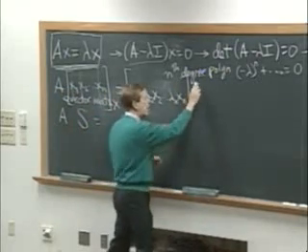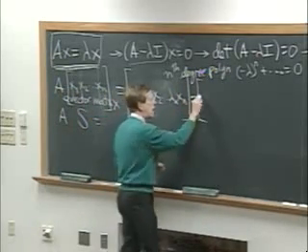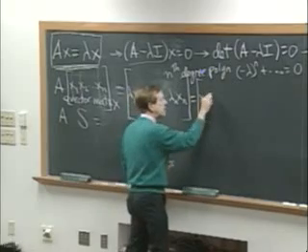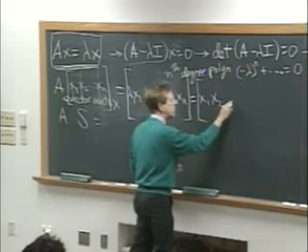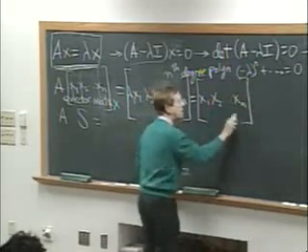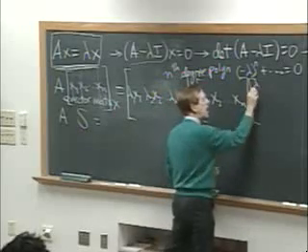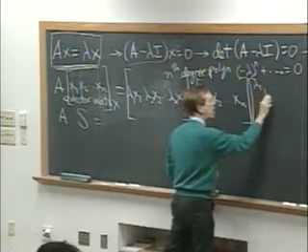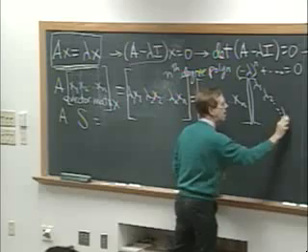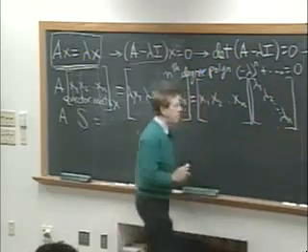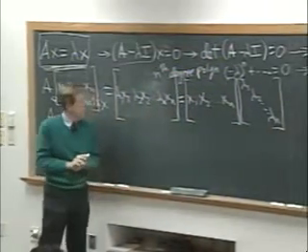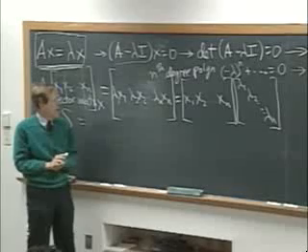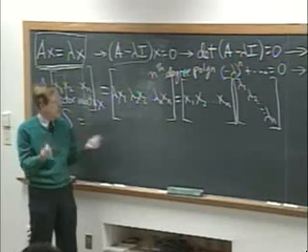I can write that as x1, my S matrix again, x2 to xn, times the diagonal matrix now, lambda 1, lambda 2, down to lambda n. Do you see that that works? Again, let's check the first column.